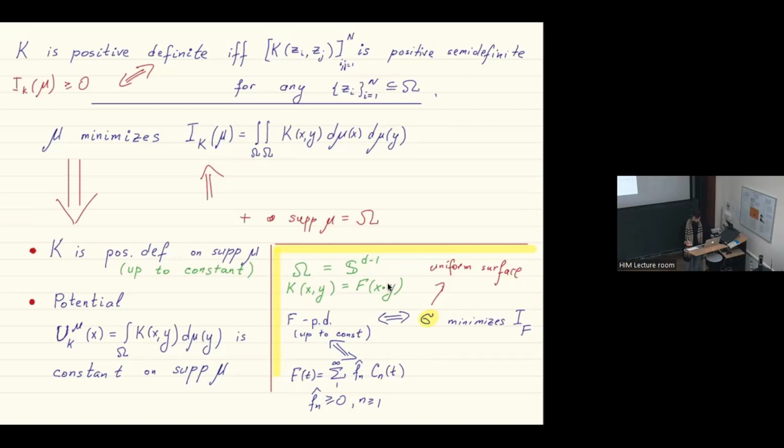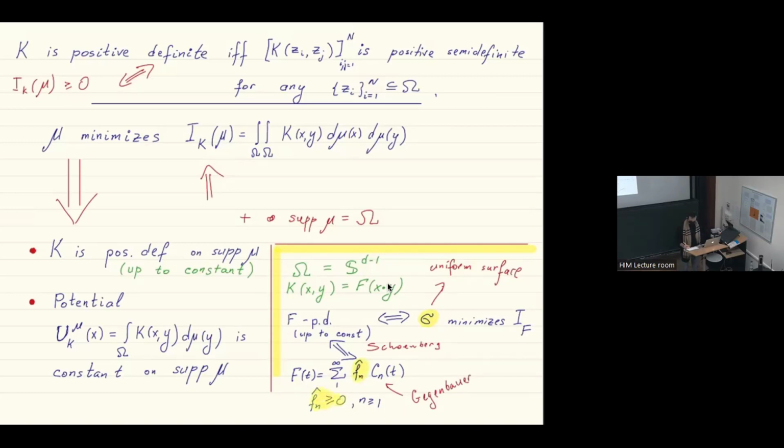So for sigma, all three conditions here are satisfied, and you have the equivalence that sigma minimizes this energy integral if and only if the kernel is positive definite up to a constant. There is also a characterization of such functions, which goes back to Schoenberg in the 1940s: if you expand it in Gegenbauer polynomials corresponding to the dimension of your sphere, then that expansion must have non-negative coefficients.